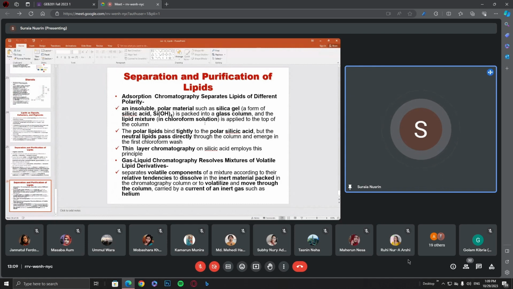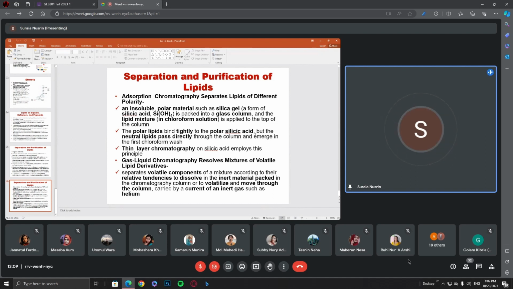When you pour the lipid sample into the column, this silica gel is polar in nature. So if polar lipids are present, such as membrane lipids, which have a polar head group, they will interact with the silicic acid.